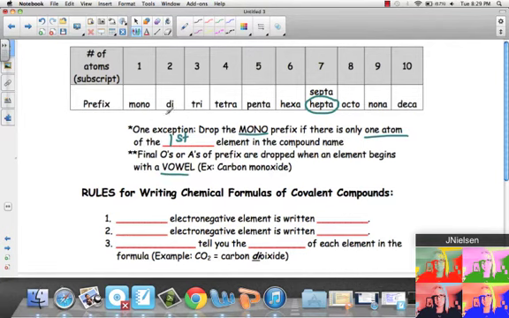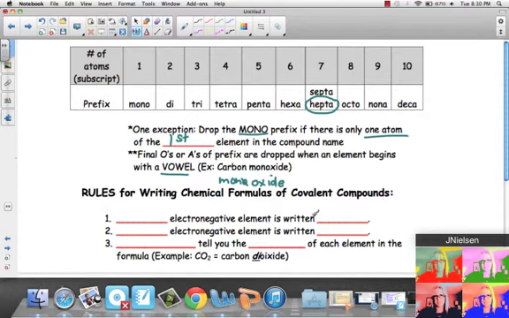So here, mono is 1, but we're not going to say monooxide. So we drop one of the O's and it becomes monoxide. So mono is the prefix, and then we have oxide. We drop one of these O's, link those together, and just make it monoxide.